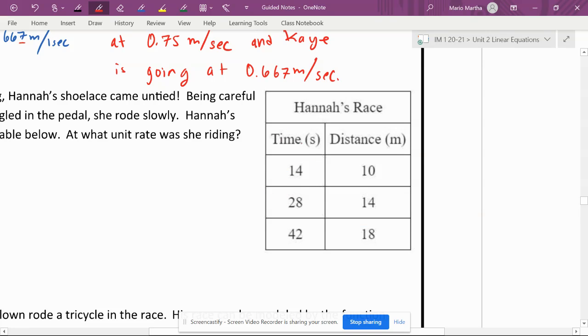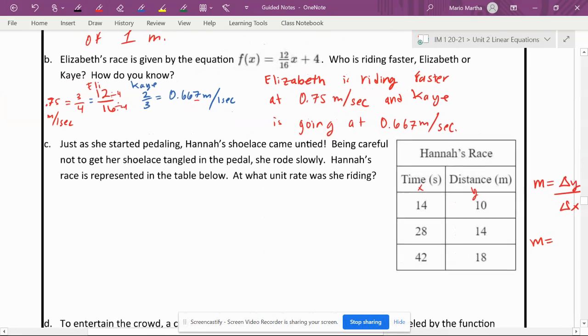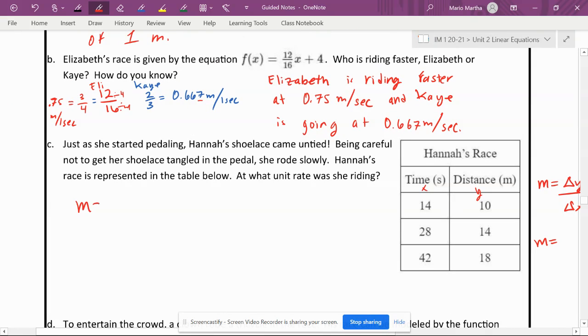All right, so remember the time is our x's and then the y is our meters or distance. And then to figure out the rate, remember it's the change in y over the change in x, so delta y over delta x. So let's start off with the y's first. So we're going from 10 to 14.